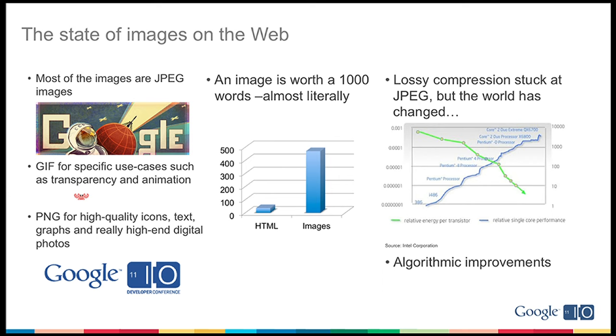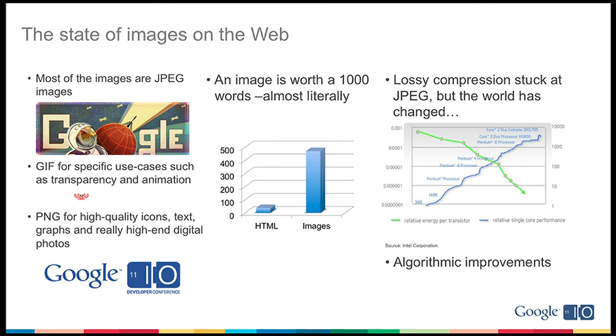GIF has been there for a very long time. It has very specific use cases that people still want to have. There's the tracking pixels, which we don't like to talk about, but there's also things like transparency and animation.